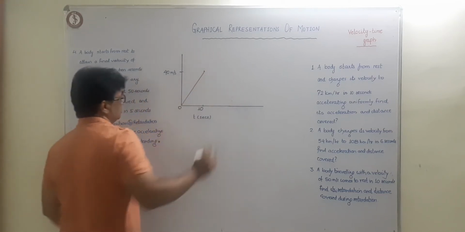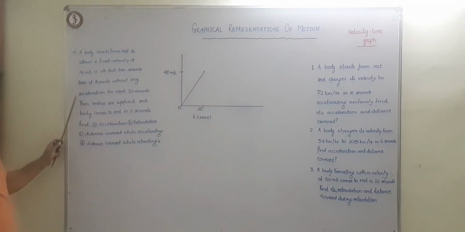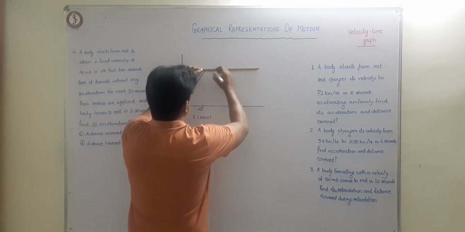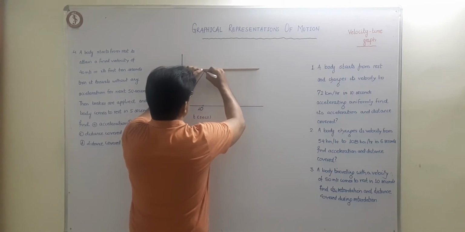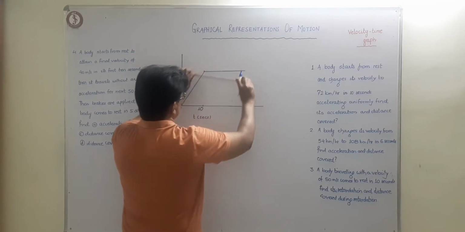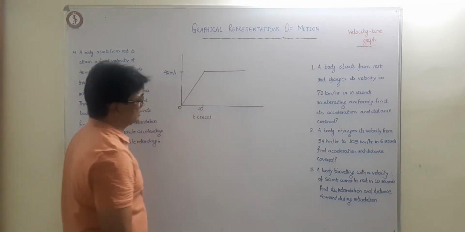Now for the next 50 seconds it travels without any acceleration. That means no acceleration, so this will be parallel. The velocity does not increase as time increases, and the body is going in uniform motion for 50 seconds. You don't have to use the exact scale when you are doing this.